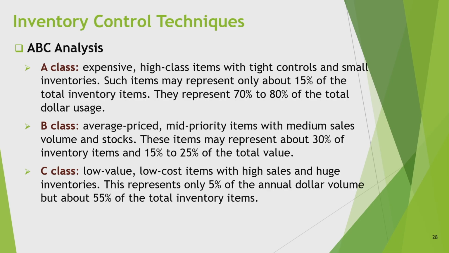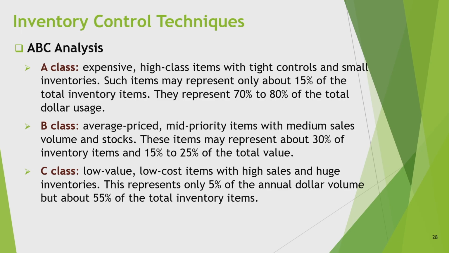So in the ABC analysis, A class items are expensive, high value items with tight controls and small inventories. Such items may represent only about 15% of the total inventory items, but they represent 70% to 80% of the total dollar usage, meaning total annual consumption.